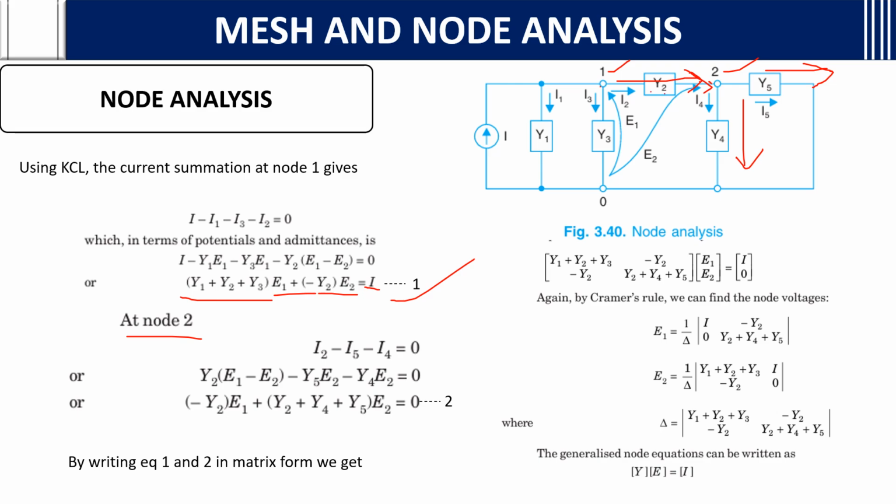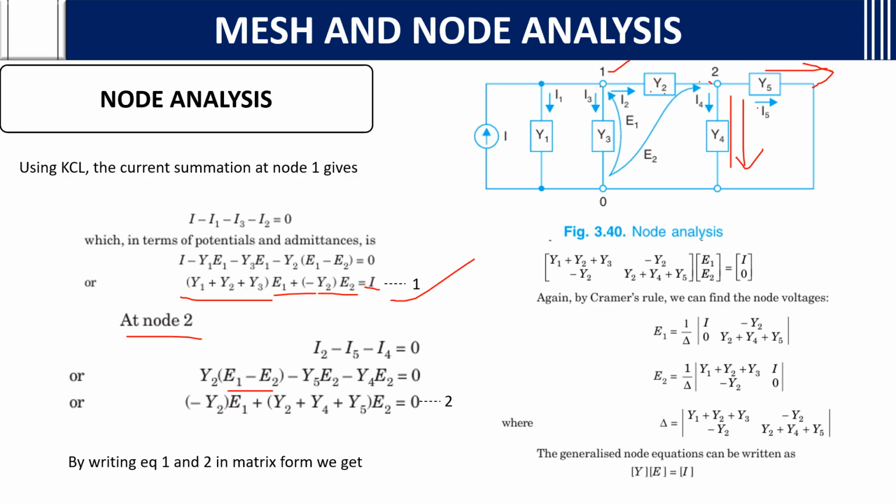Y2 is with respect to the second node, so E2 minus E1 actually we need to write, or else we can write E1 minus E2. It is Y2 into E1 minus E2, minus Y5 into E2, minus Y4 into E2 equals 0.